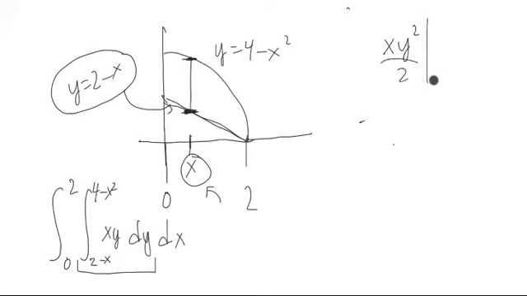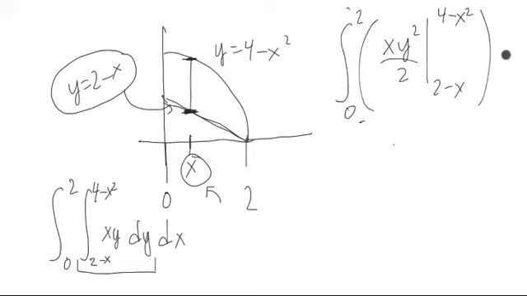And we evaluate it at these different points, 2 minus x and 4 minus x squared, and take the difference. We're going to get an expression in x, and that's what we're going to be integrating over the interval from 0 to 2. So this will help us know the volume that's underneath the surface xy over this region.